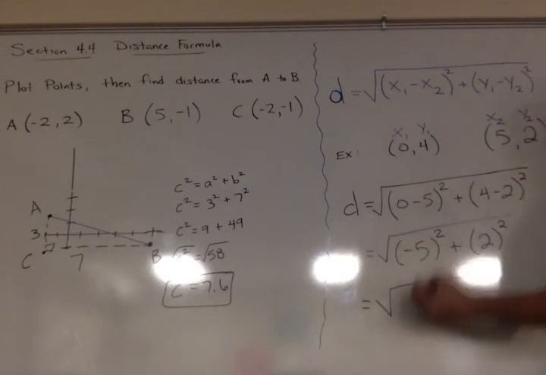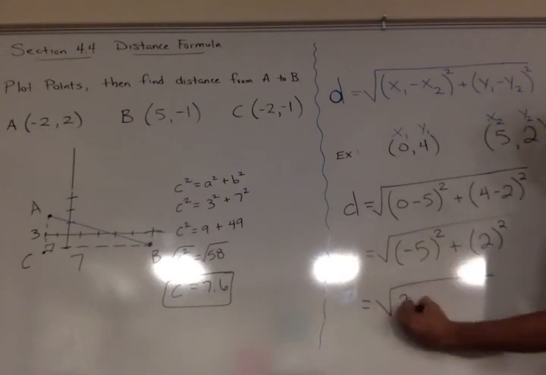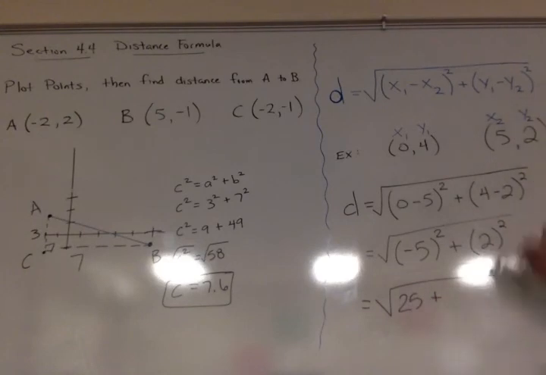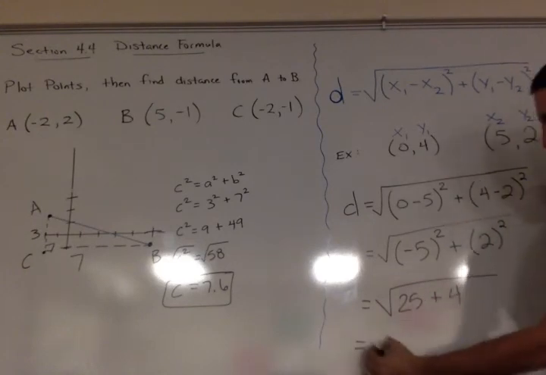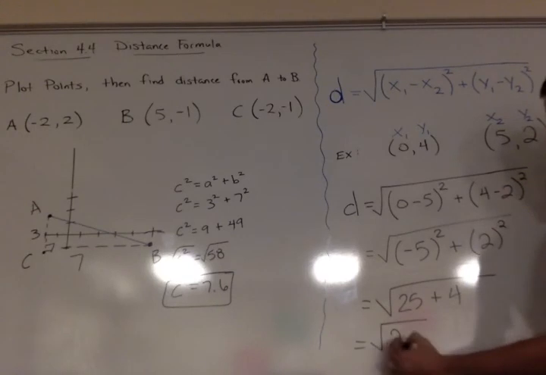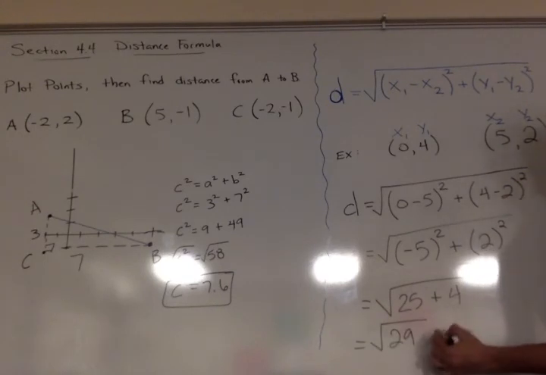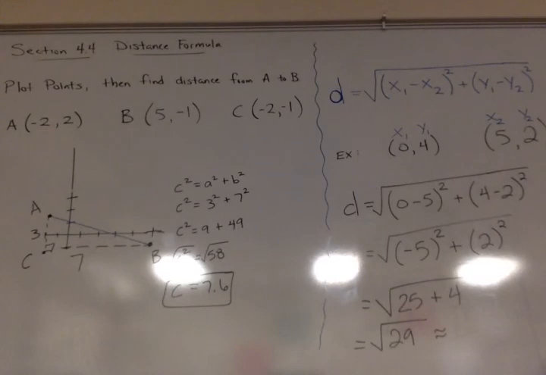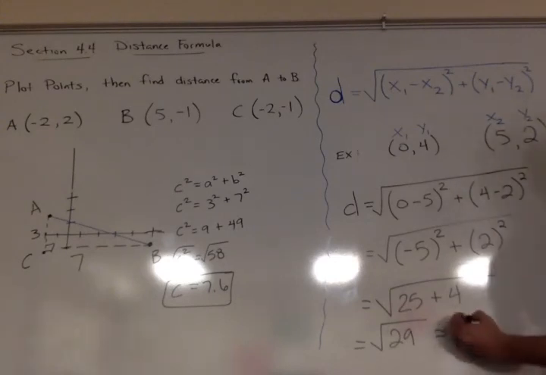Negative 5 squared would be 25. 2 squared is 4. Add those together. We've got the square root of 29, which if we put that in our calculator and round to 1 decimal place, it's about 5.4 for our final answer for that distance.